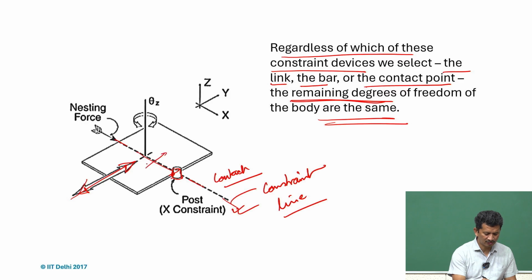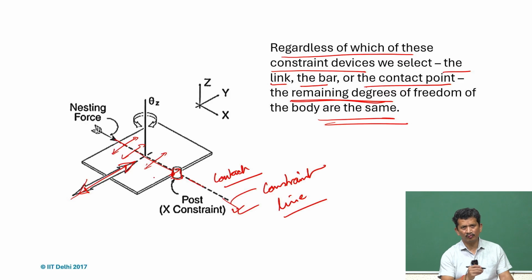So, in this case, for instance, any point on the line can move perpendicular to the constraint line, right.